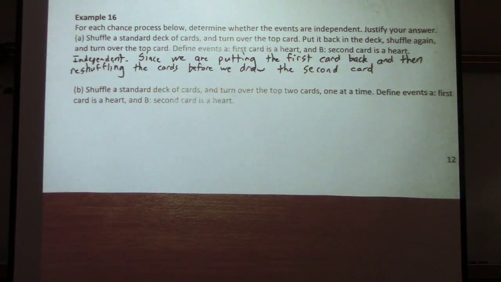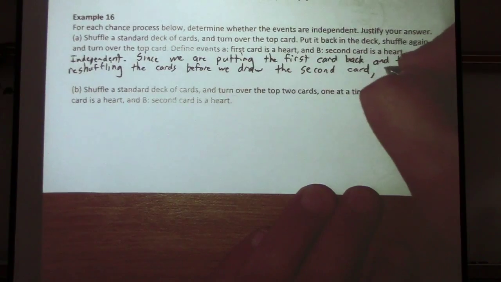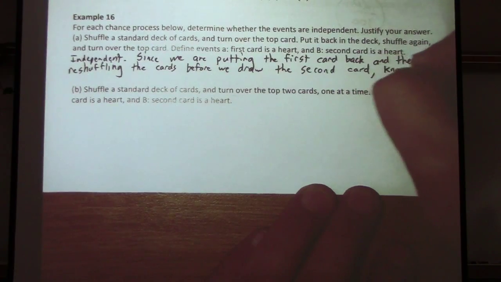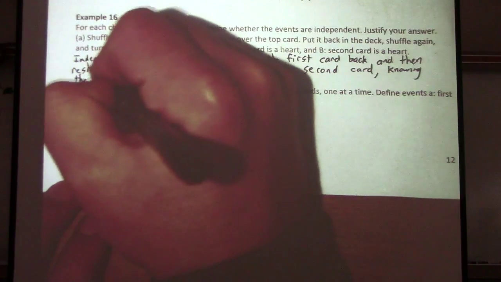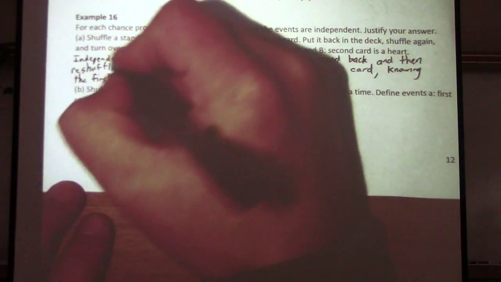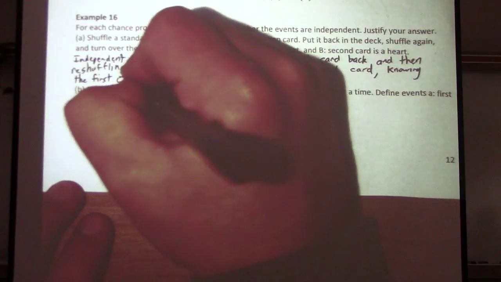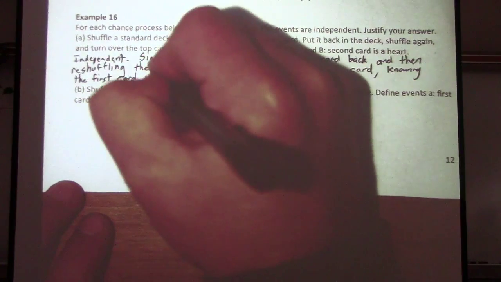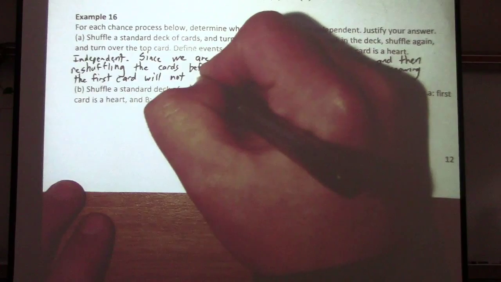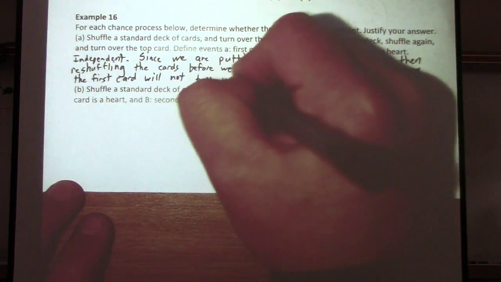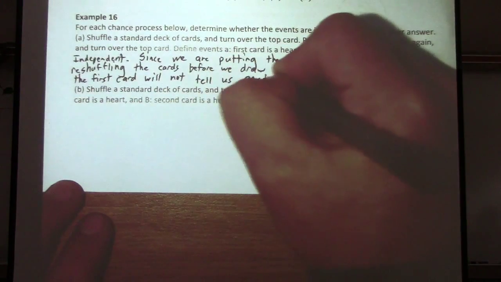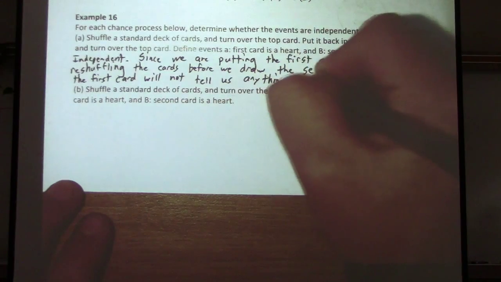We're reshuffling the cards before we draw the second card. Knowing the first card will not tell us anything about the second card.